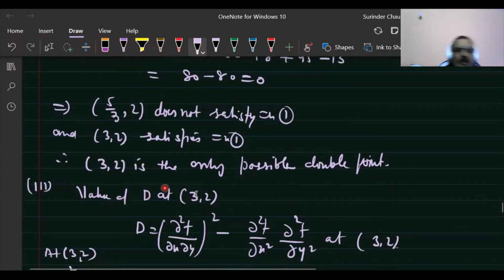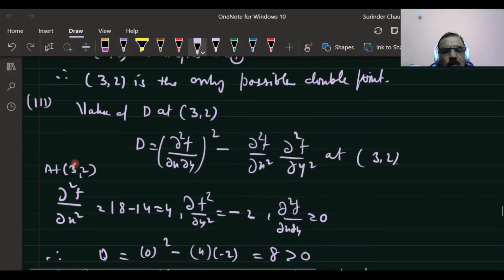So at this point (3, 2), we find the value of D. D is equal to the second partial f by partial x partial y squared minus second partial f by partial x squared times second partial f by partial y squared at this point.